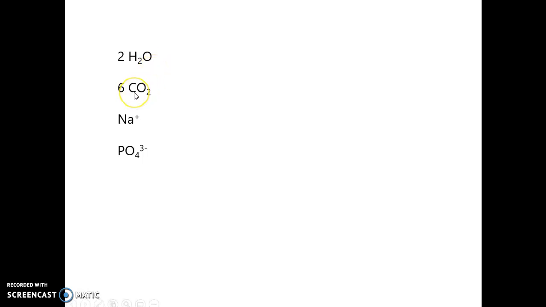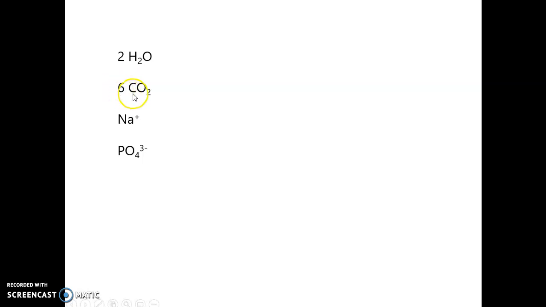This here is carbon dioxide, which we'll talk a lot about because it is a greenhouse gas. And carbon dioxide contains 1 carbon, so the number is not written here, and 2 oxygen atoms, so we put a subscript 2, and these are held together. And if we had 6 molecules of carbon dioxide, we'd put the 6 out front here.